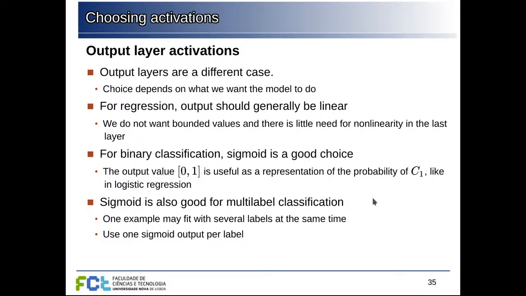We use one neuron for each label we want to tag into our examples, and the sigmoid activation there gives us the probability that this label is associated with that example. So every time we are looking at binary choices, the sigmoid activation is a good option for the output neuron, because it gives us the probability that label or that class is assigned to the example.